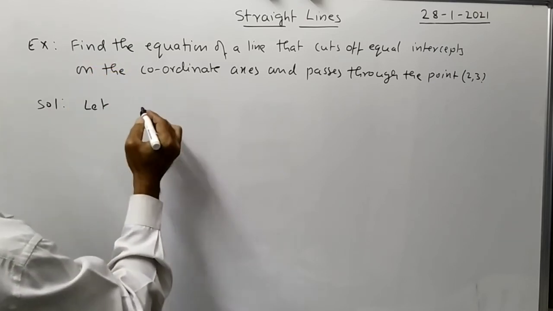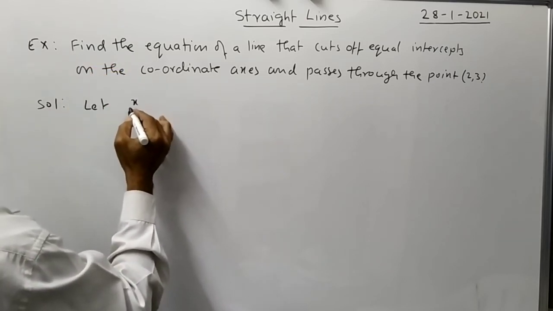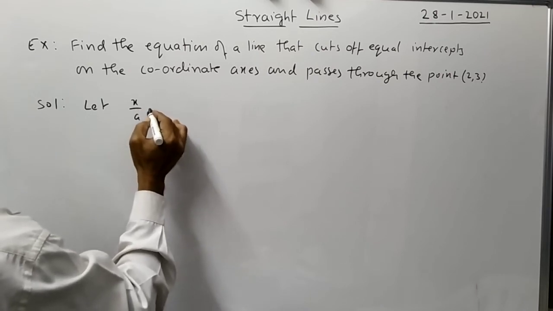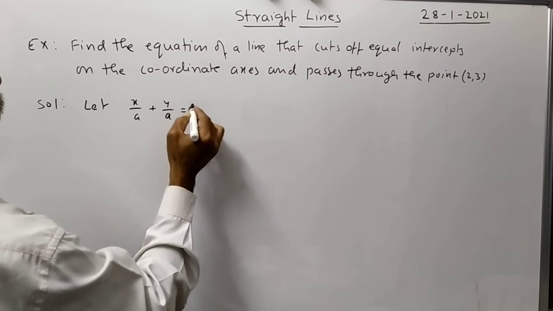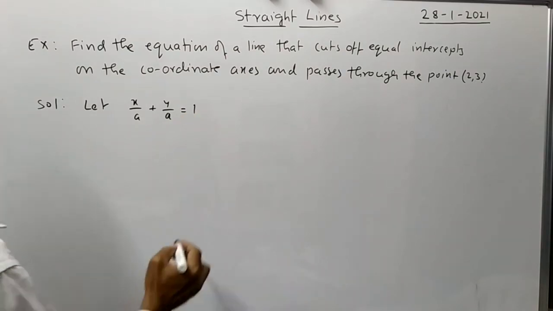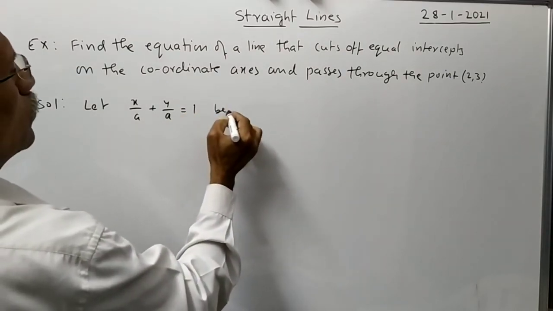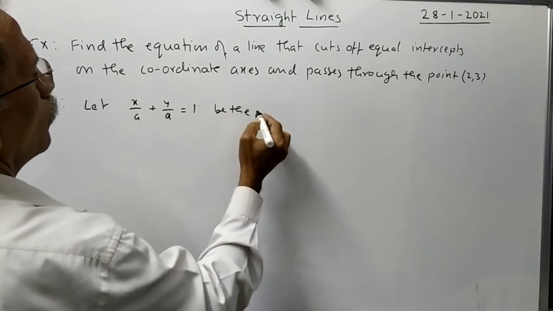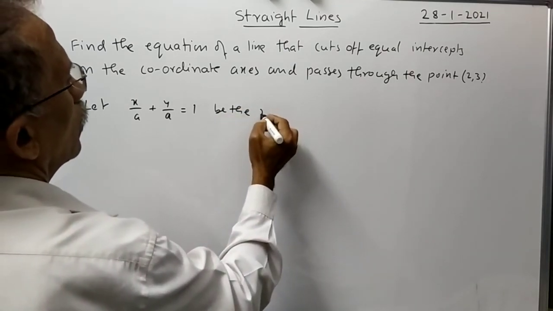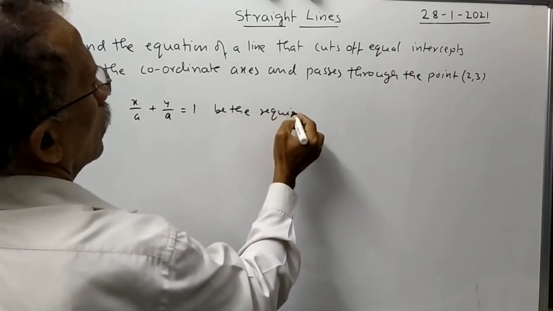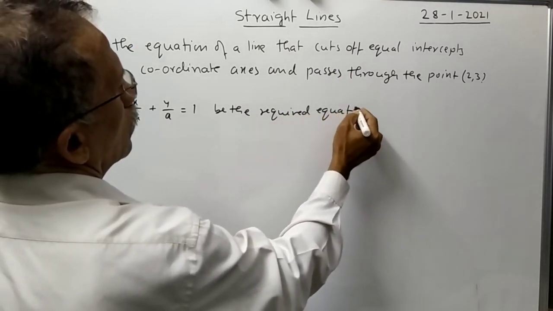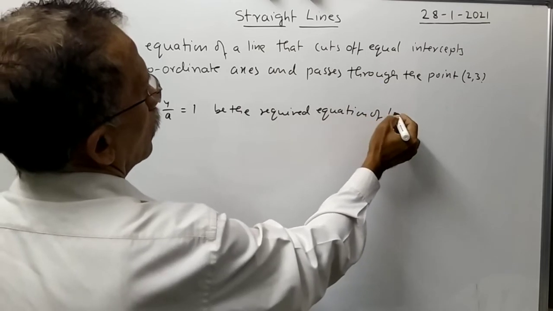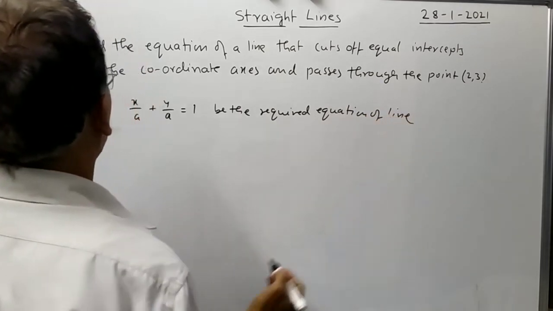Let x by a plus y by a is equal to 1 be the required equation of line.